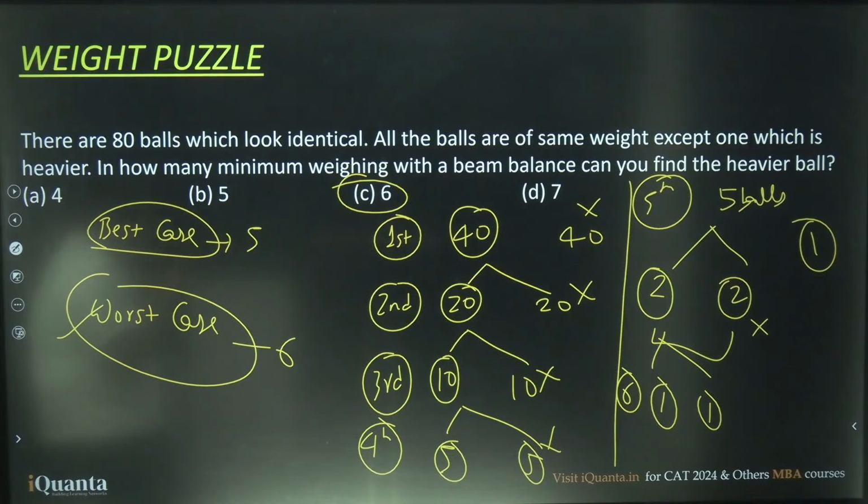In the case of 27, the one that you take out, if that is the heaviest, then you'll get the answer. Otherwise, you'll still have to do it again and again. That will work if you have a multiple of 3. That's an approach. If there were 81 balls, we would have done it that way. So I just told you why not the best case, because you won't be certain.